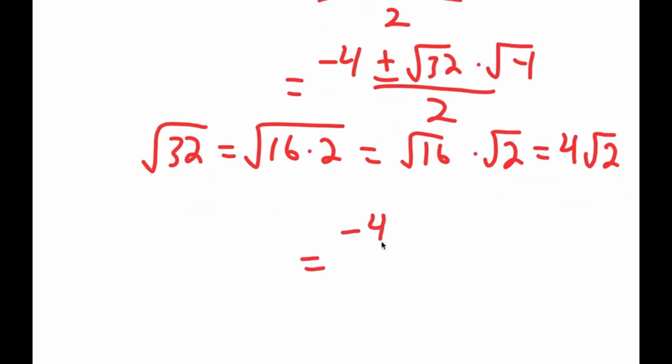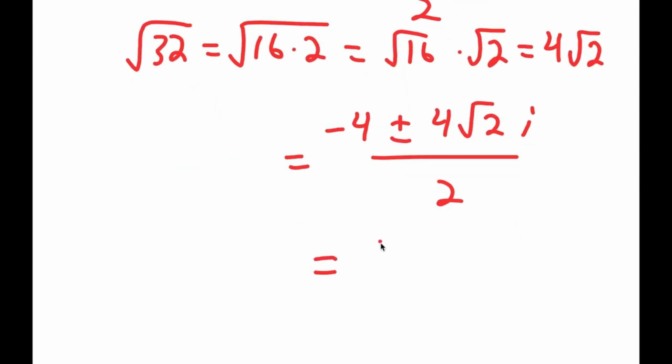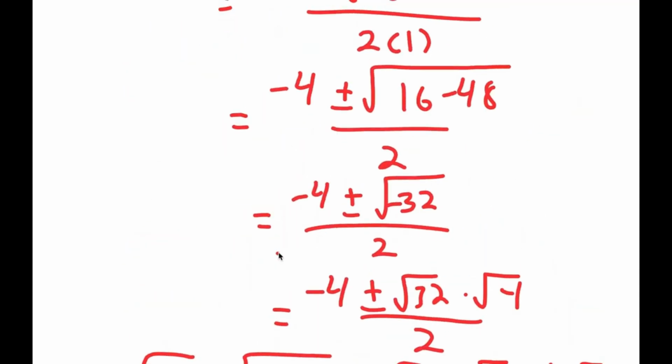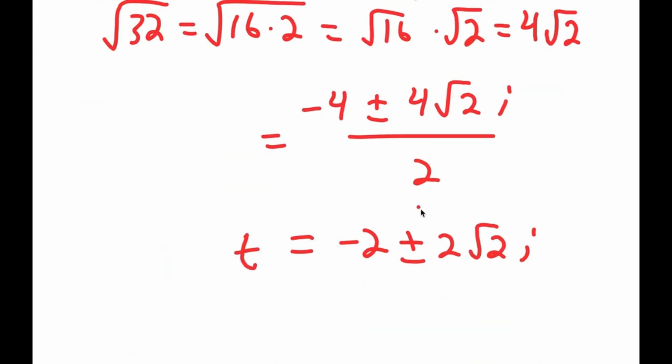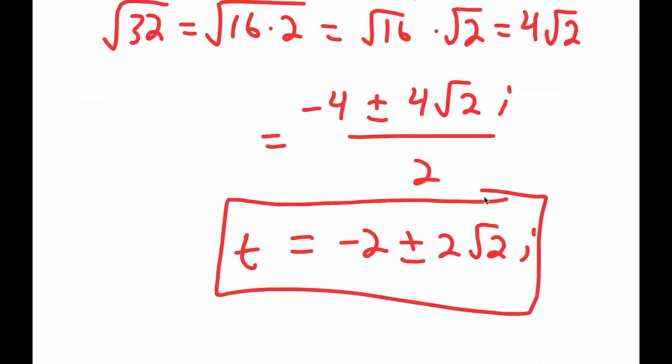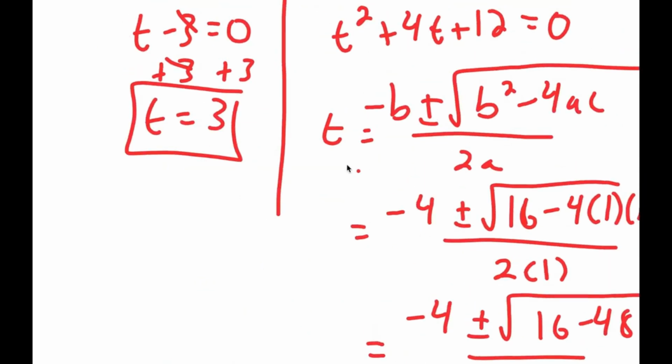So this is equal to negative 4 plus or minus 4 root 2, and the square root of negative 1 is the same thing as i. And I have this over 2, and now if I divide this by 2, I get negative 2 plus or minus 2 root 2 i. So t is equal to negative 2 plus or minus 2 root 2 i, as well as 3.